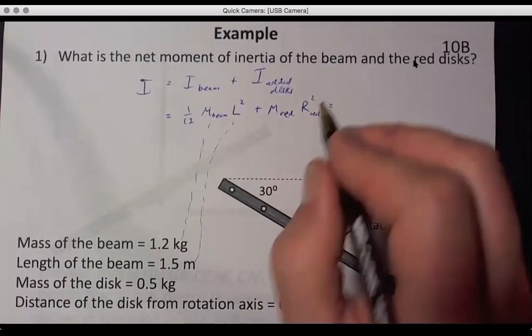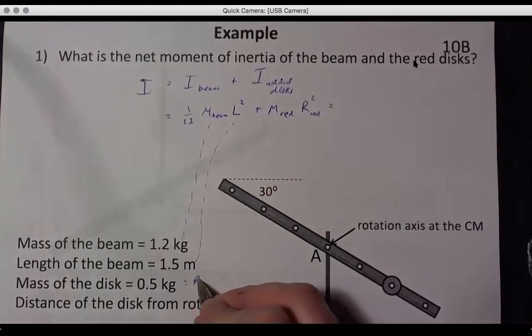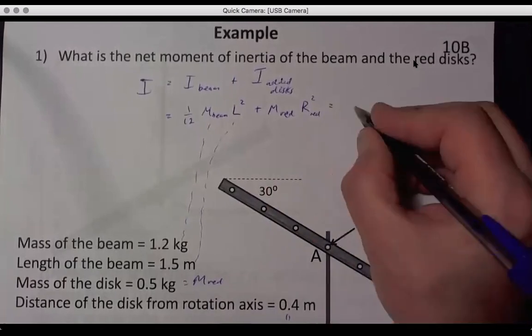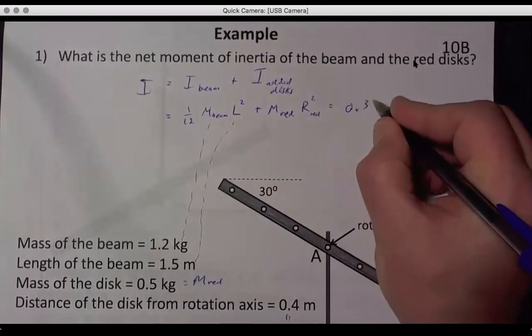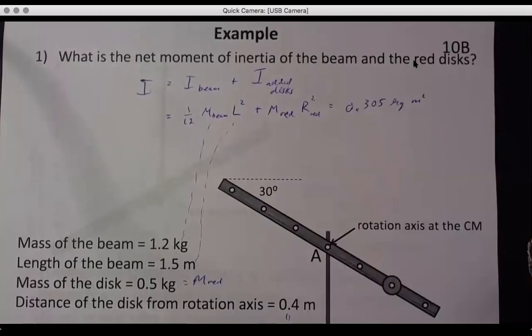It's just a matter of plugging the numbers in, and you get 0.305 kilogram meter squared.